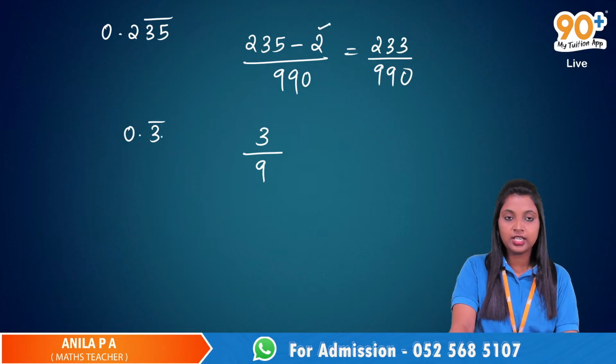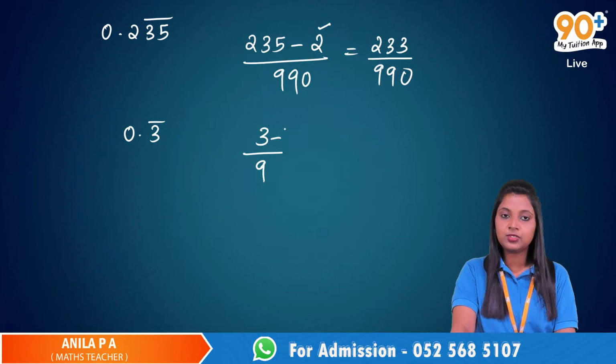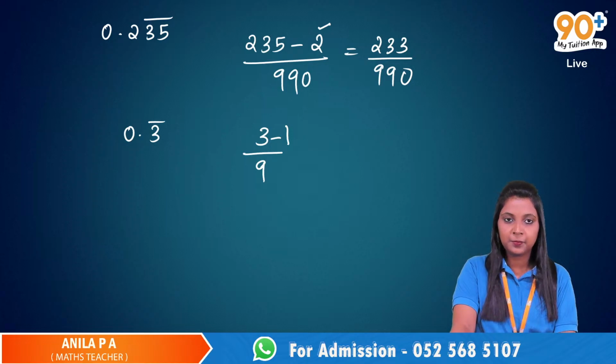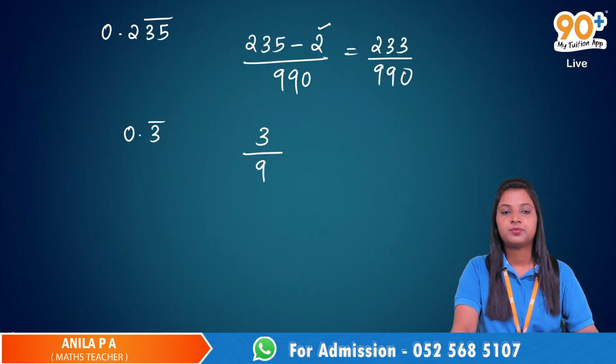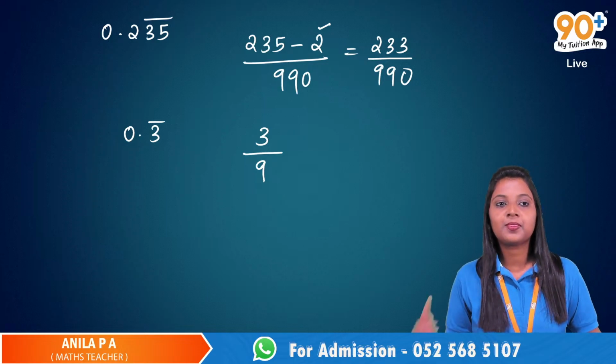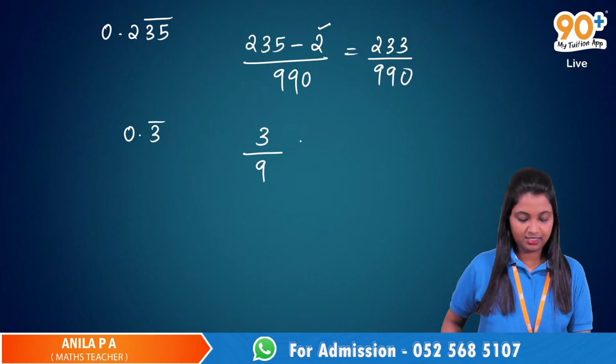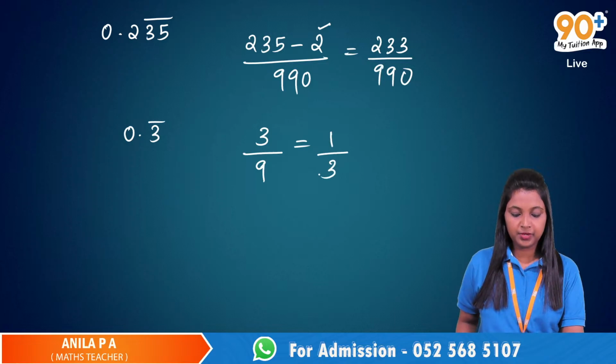What about this? Only 1 digit is repeating, so do we have to subtract here also, if we are following that step? No, only if it's 2 digits or 3 digits. If it's 1 digit, no. So the answer will be 1 by 3.